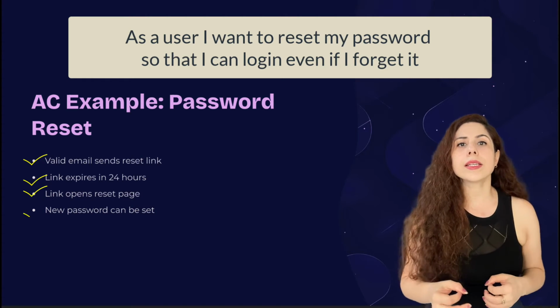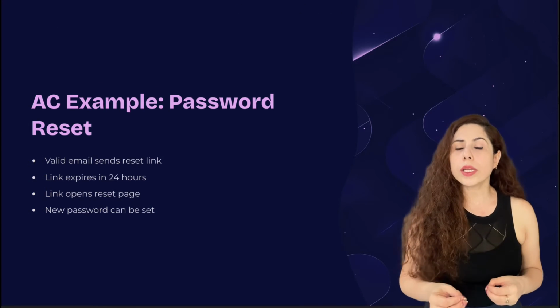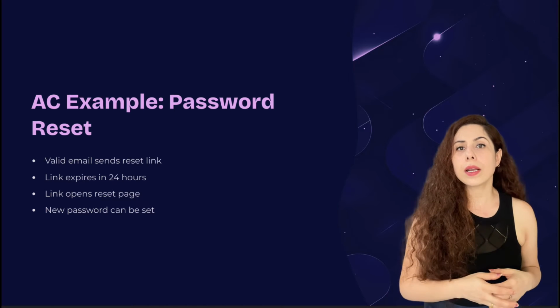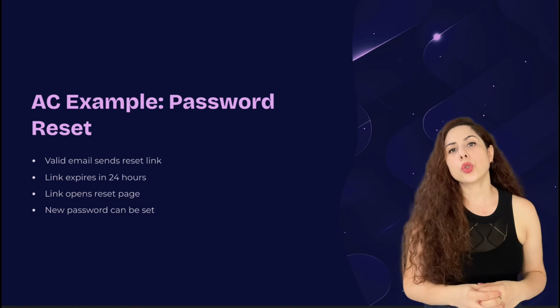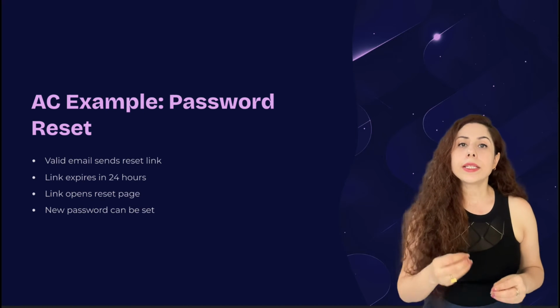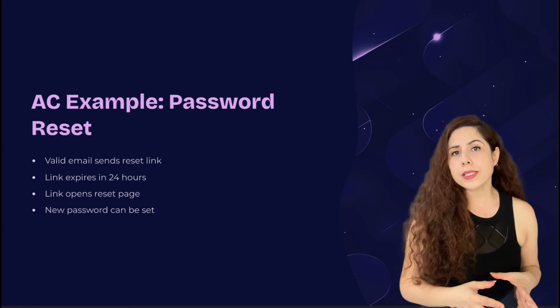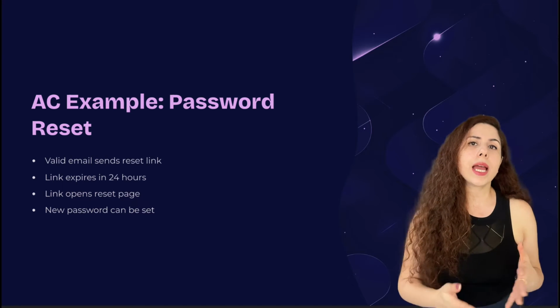The user can set a new password successfully. These conditions are only for one user story. They are about what the feature should do and not how it is built. Therefore, while the definition of done is about the quality and process, acceptance criteria are about functionality and business rules for that story.